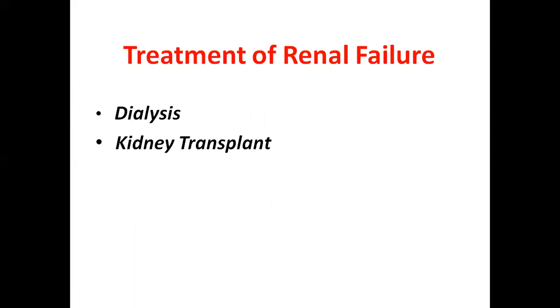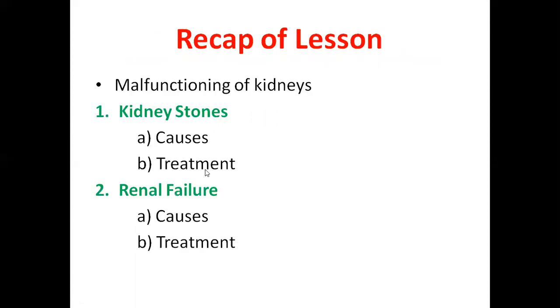So, with this, we come to an end of today's lesson. Let's have a recap of today's lesson. In today's lesson, we precisely focused on the malfunctioning of the kidneys, and we found that malfunctioning of the kidneys leads to two situations. Number one is kidney stones, and number two is renal failure.